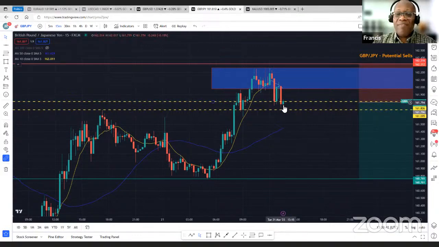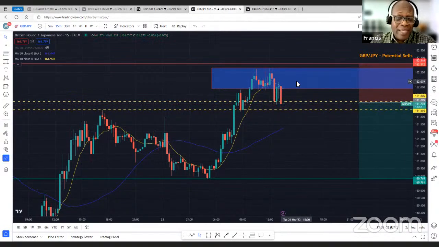Don't be saying, oh, if I place my stop loss here, I'll potentially be losing $5 or $10. Don't think of the monetary value. Instead, focus on the logical or appropriate place to have your stop loss.